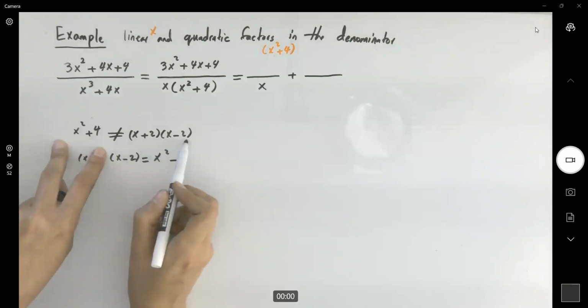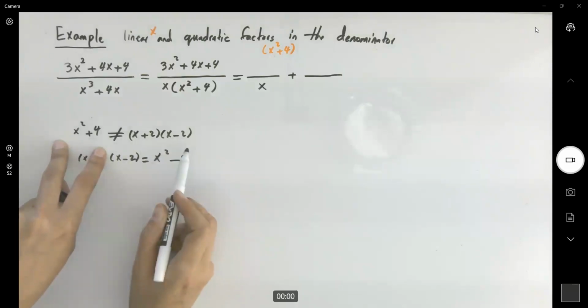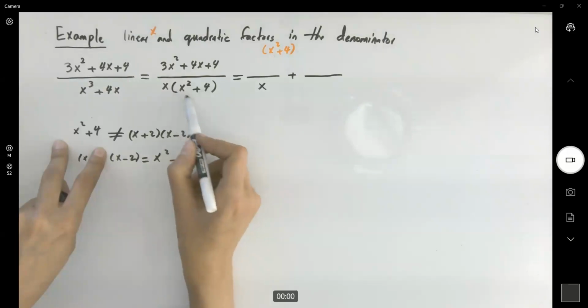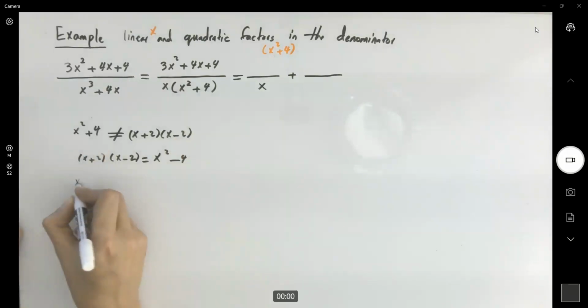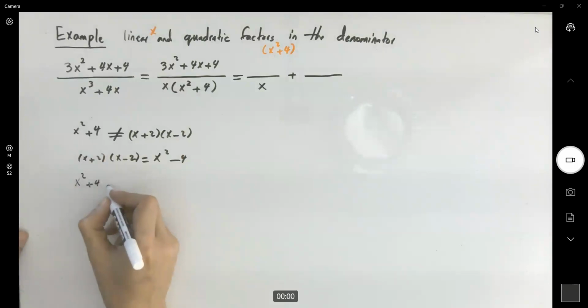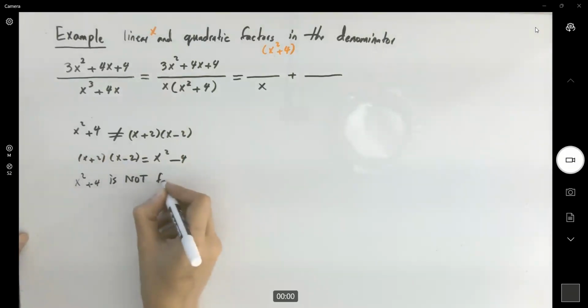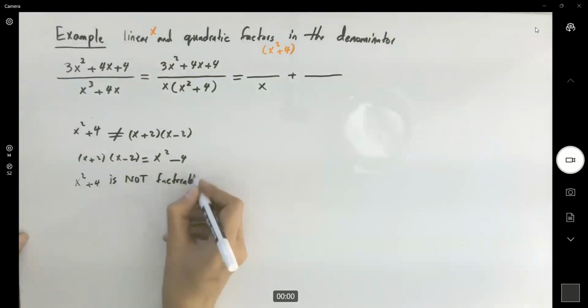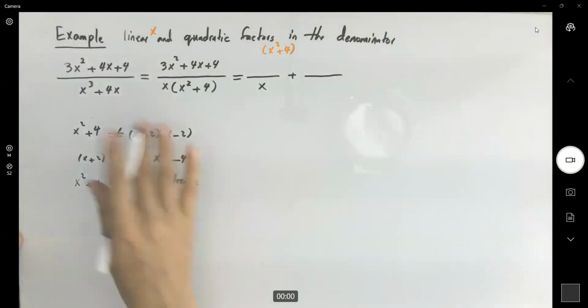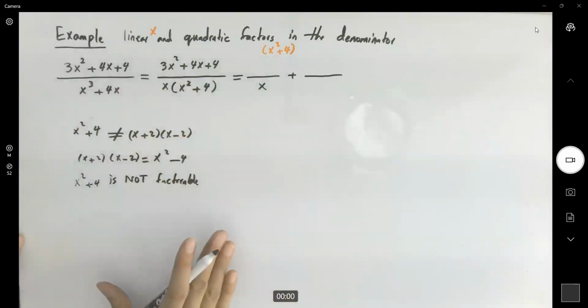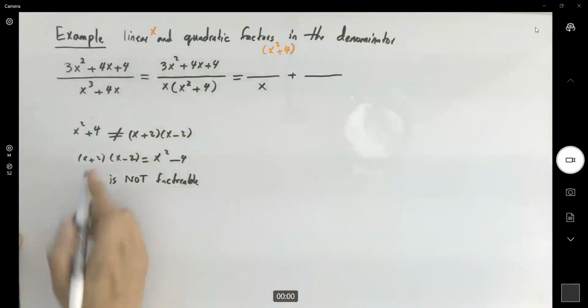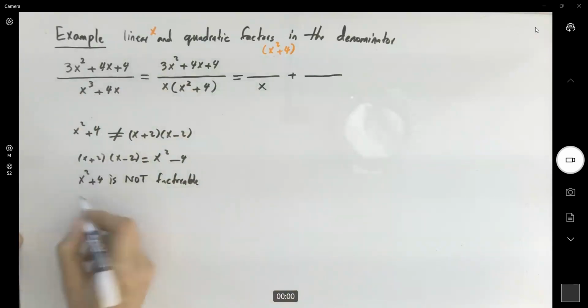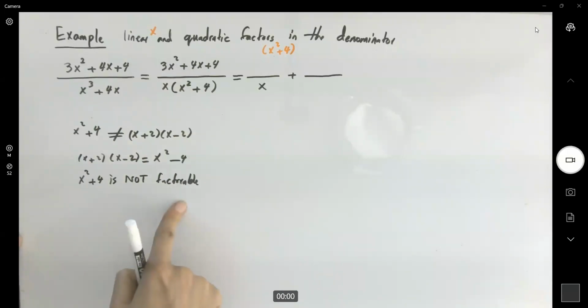So we cannot factor out x squared plus 4. It is not factorable. You can use complex numbers, but here our goal is not to work with complex numbers. You only need the real values. So x squared plus 4 is not factorable.